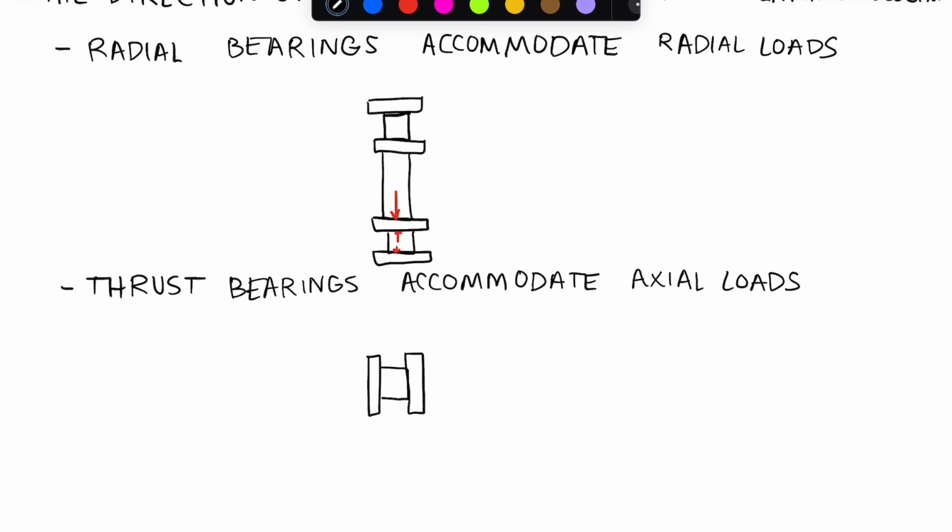And to install these, you might need to have a shoulder on your shaft, so that it has something to press up against. But now if we have a thrust load acting in the axial direction of our shaft, this bearing is going to be able to transfer that load.